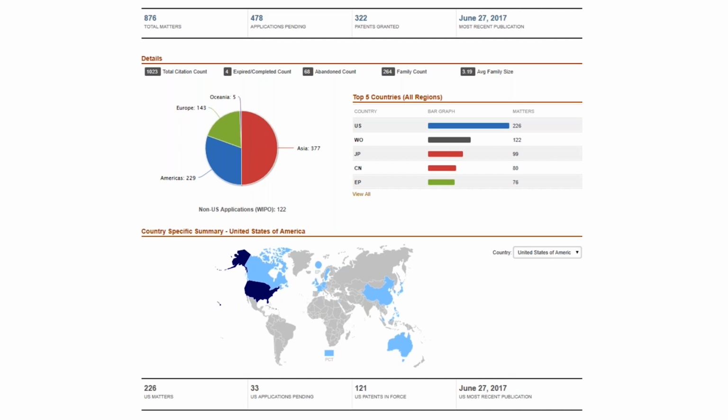So in this case, here's a small landscape that I've looked at, and once we have this data, we can start digging into the countries that are more of interest to see who has patents there. Because this is just the starting point. The next is who has the patents, and then what's the scope of the patents. And one thing that I would make sure to be thinking about is, just because there happen to be a lot of patents in a particular country or in a particular area, it doesn't mean that there's necessarily a problem.